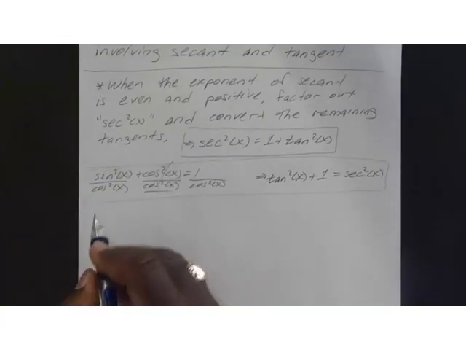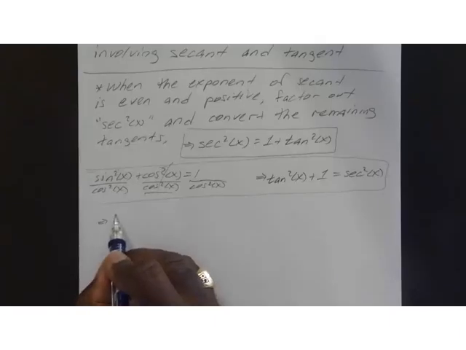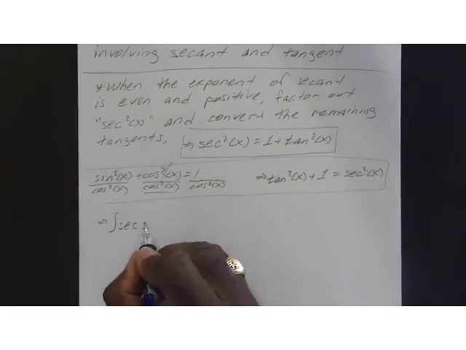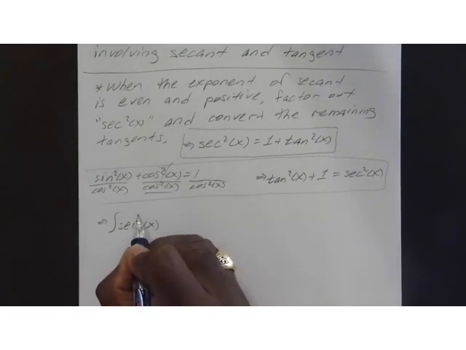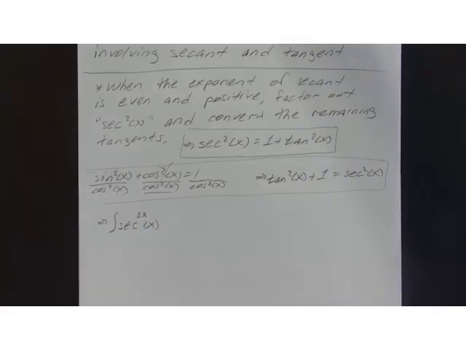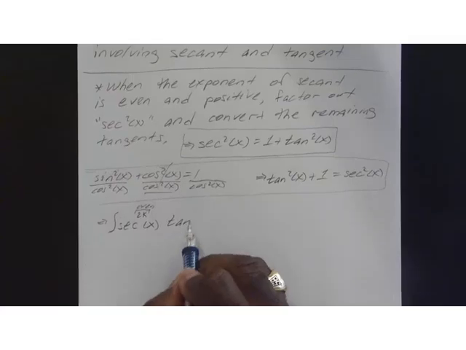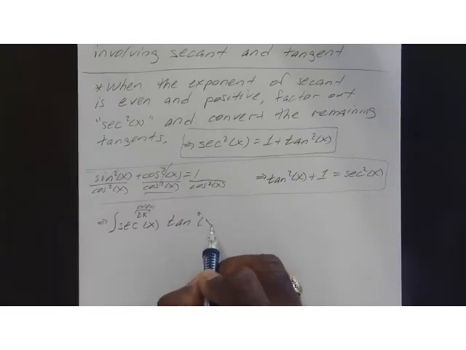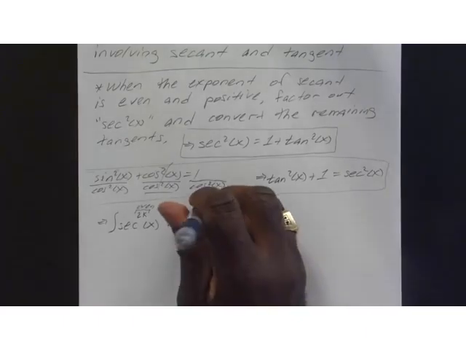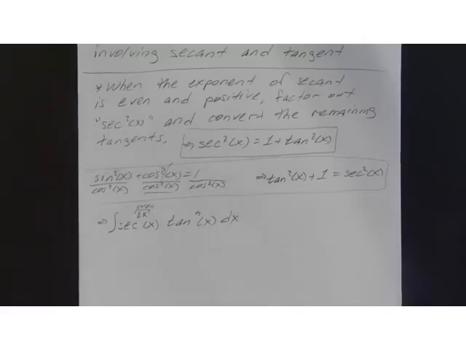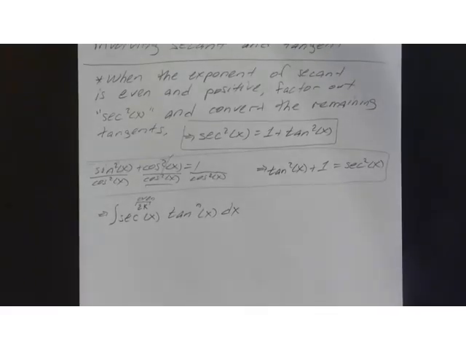So all this is saying is that if you start off with an integral of secant raised to the power of 2 times some number, some even secant exponent, times tangent to the nth power of x. Make that n a little clearer. Okay.